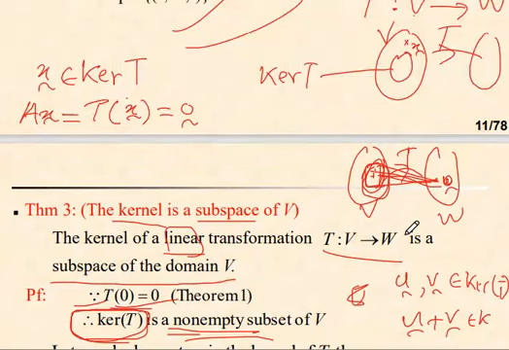If you represent this transformation in matrix form AX, where X is in V, then the kernel is the solution space of this homogeneous system. Does that make sense to you? Do you have any questions?